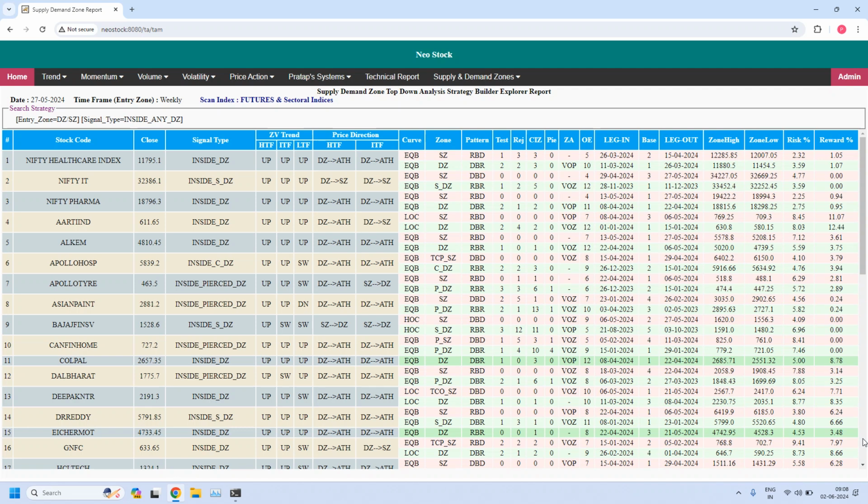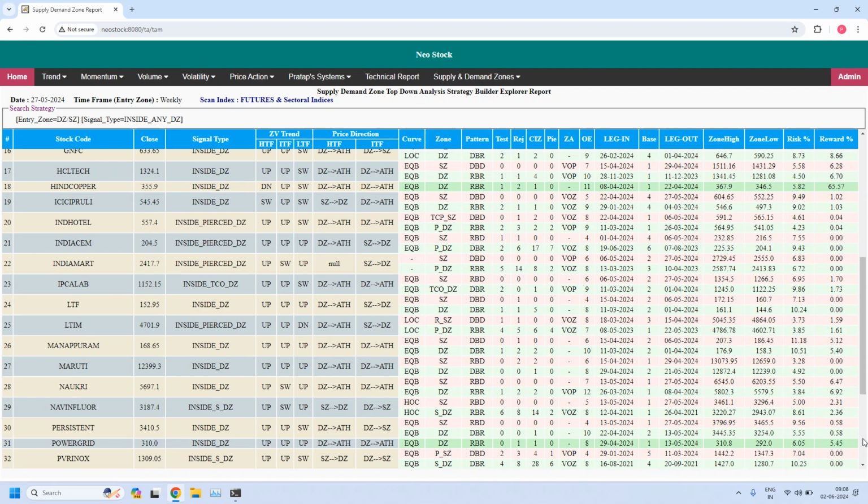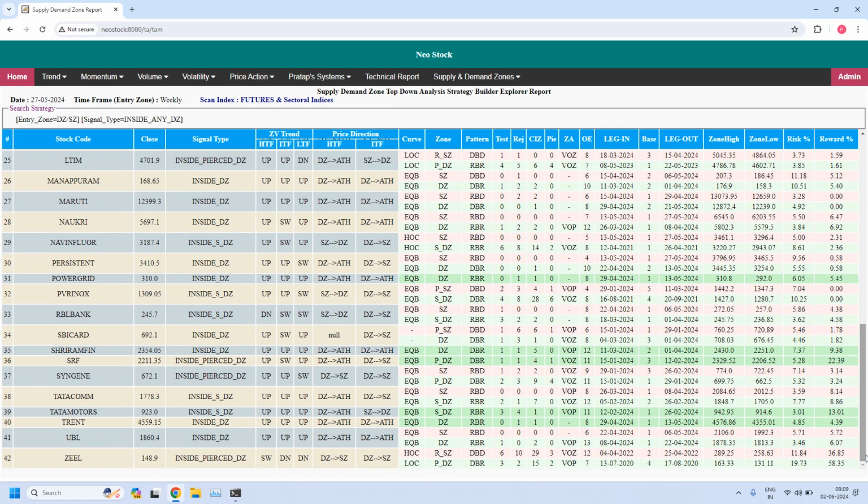It is a big list, so let me scroll down the list. So 42 stocks are filtered. Currently price closed inside these weekly demand zones.